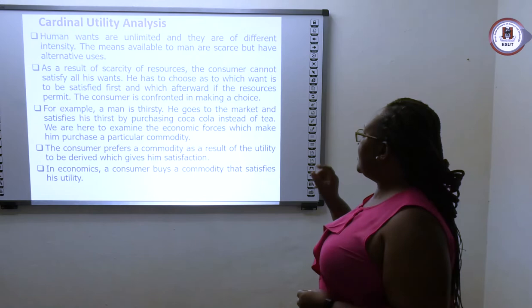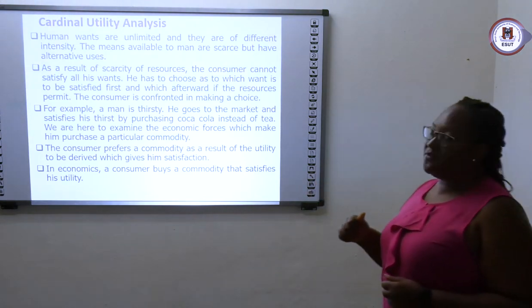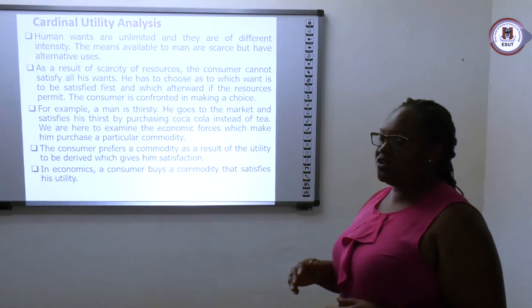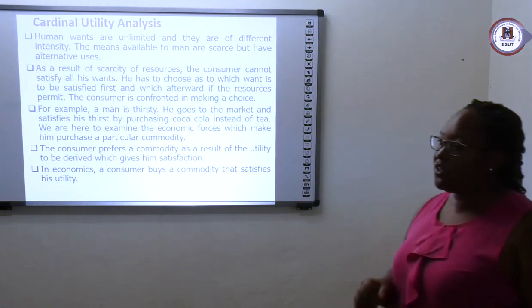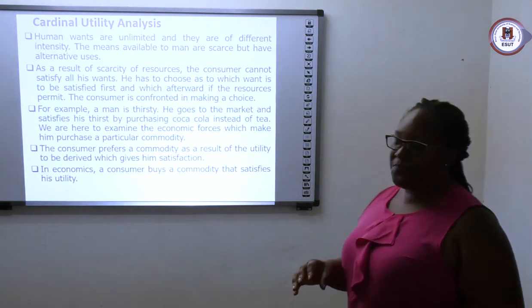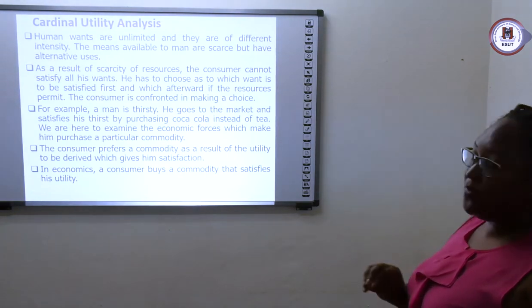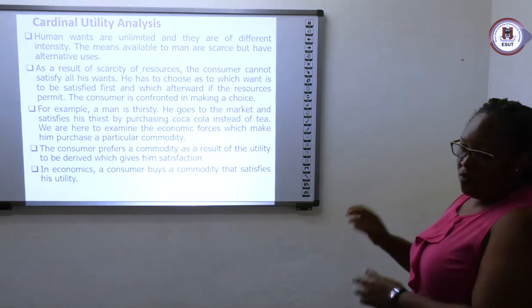For us to understand this very well, we'll have to flash our memories back to Lionel Robbins' definition of economics, that economics is a social science that studies human behavior as a relationship between ends and scarce means which have alternative uses. On these alternative uses we are talking about, he is saying that scarce resources can be used in alternative ways.